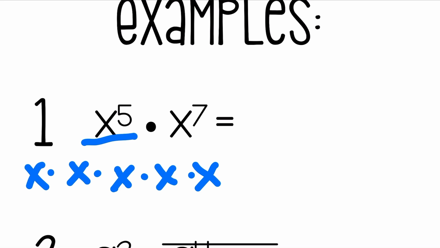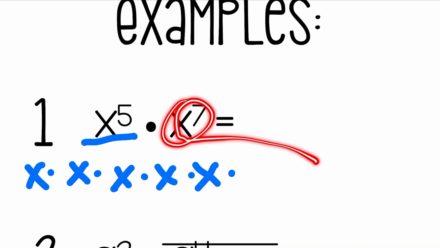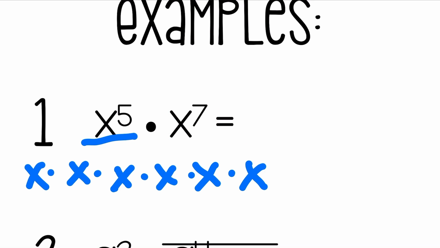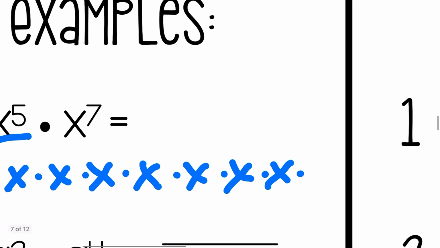We have 5 x's here. Then that's going to be times 7 more x's. So we're going to put those over here. We got 1, 2, 3, 4, 5, 6, 7.